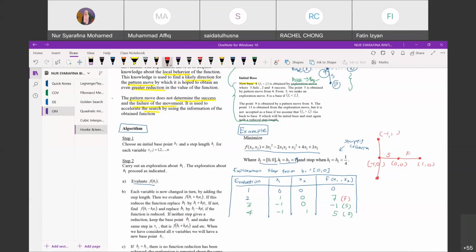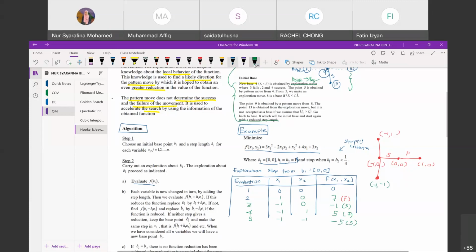So your new evaluation is from the point, yes, minus 1 and minus 1. Okay, settle with the movement. The exploration move is complete in this iteration by using the 0, 0 base.